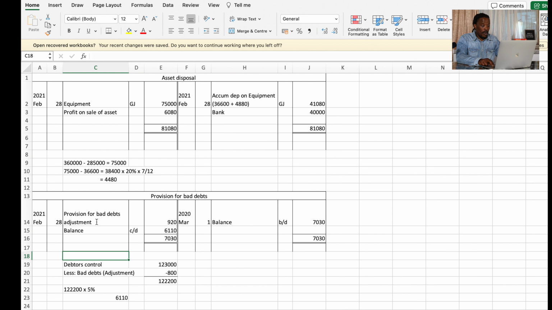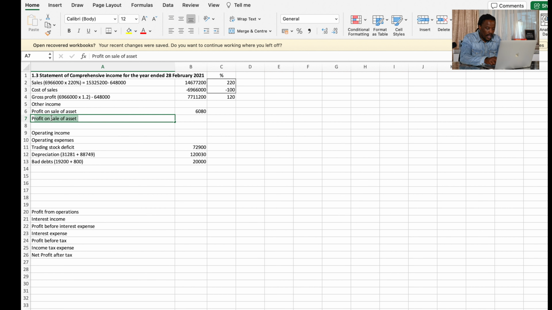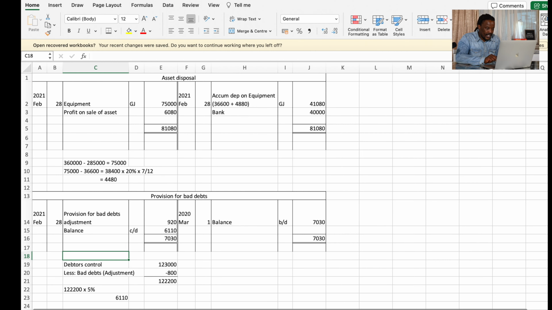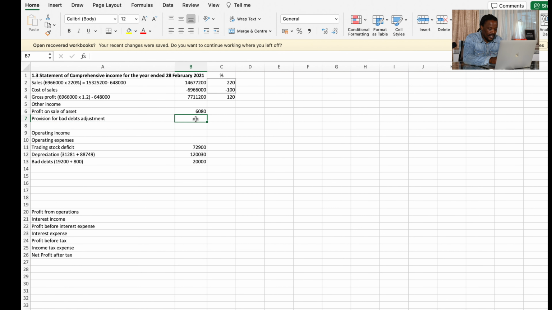Happy. Now, that provision for bad debts adjustment comes to other income, which was 920.